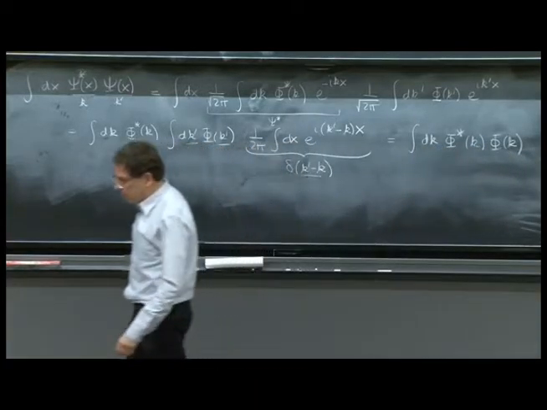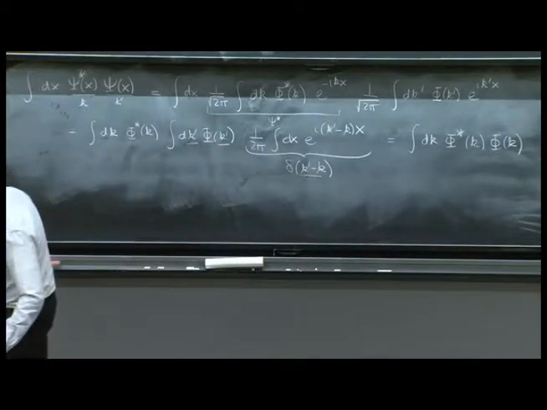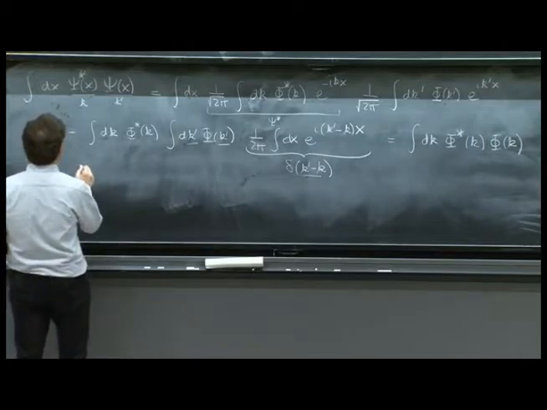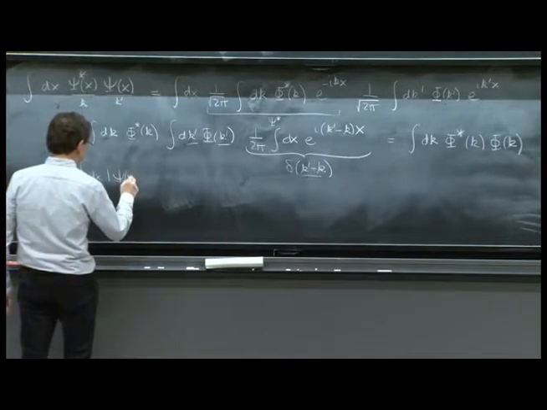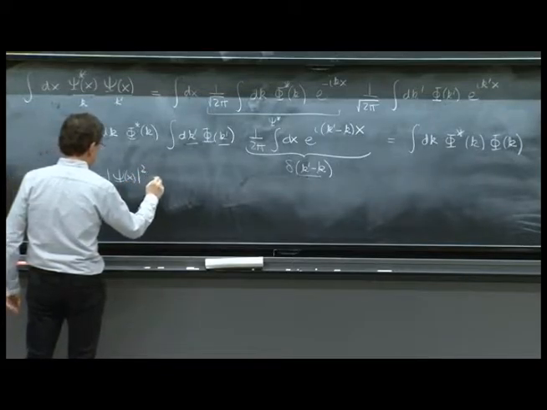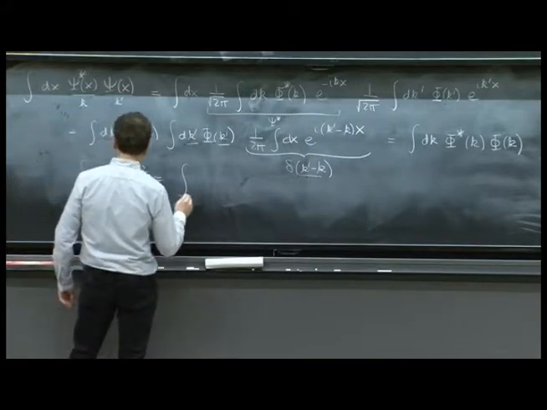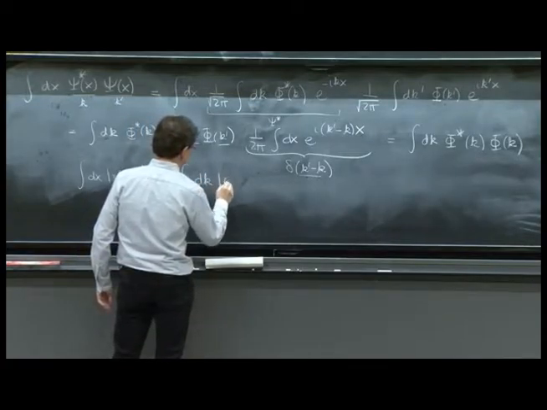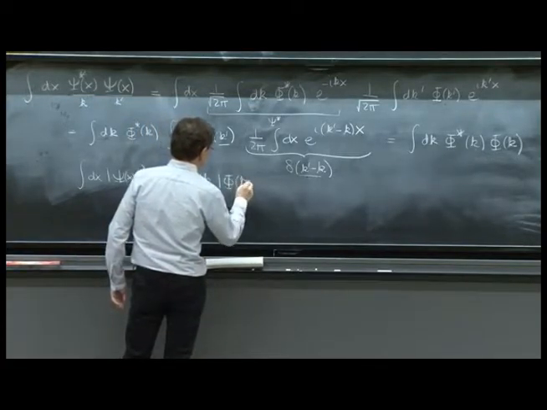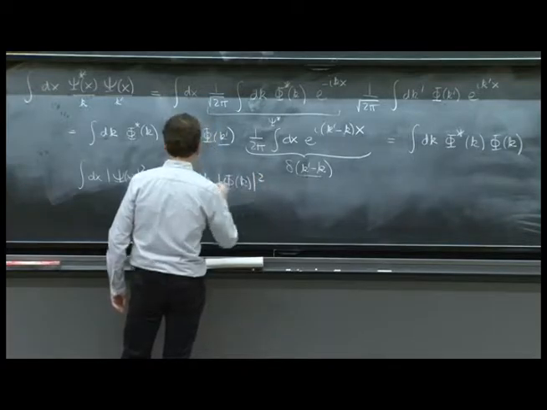We found what is called Parseval's theorem, which is that the integral dx of psi of x squared is actually equal to the integral dk of phi of k squared.